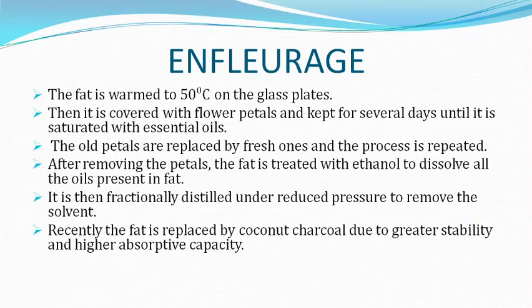After removing the petals, the fat is treated with ethanol to dissolve all the oils present in the fat. It is then fractionally distilled under reduced pressure to remove the solvent. Recently, the fat is replaced by coconut charcoal due to greater stability and higher absorptive capacity.